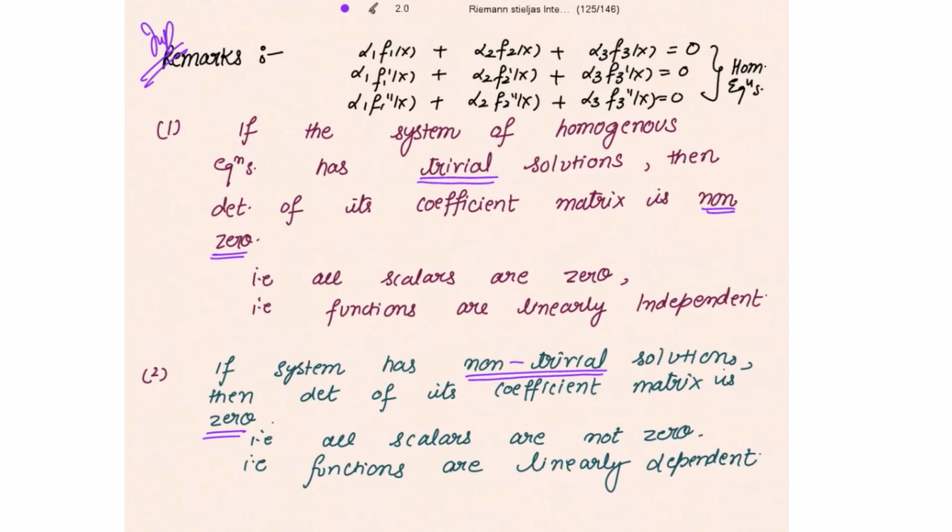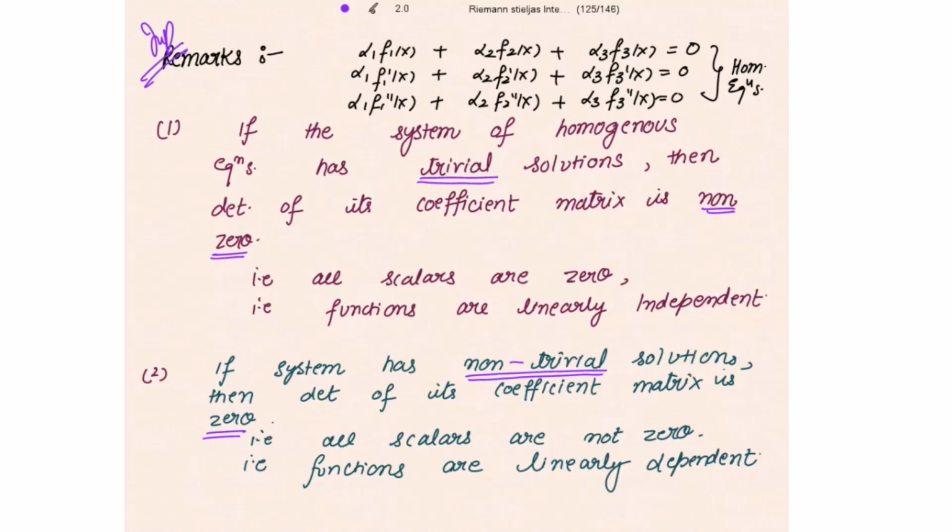So if the system of homogeneous equations has the trivial solution, then the determinant of the coefficient matrix is non-zero. That is, all the scalars are 0, which means the functions are linearly independent, because for linear independence all the scalars are 0, right? So whenever I have a trivial solution, just take the determinant of the coefficient matrix for these homogeneous equations. If the determinant comes out to be non-zero, then the functions are linearly independent, right?